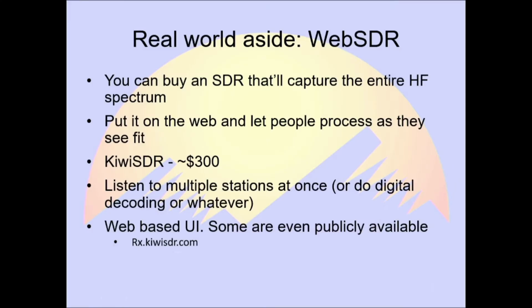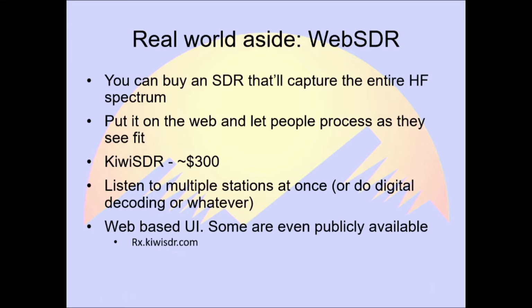That said, in the real world, if you just want to do the simple thing and capture the whole spectrum, HF is not that high a frequency actually. So you can pretty easily buy or borrow on the web, which is really cool, an SDR that will grab the entire HF spectrum and let you process it as you see fit. Of course, 60-ish megahertz of samples is quite a bit of data, so they include an FPGA to do the math.